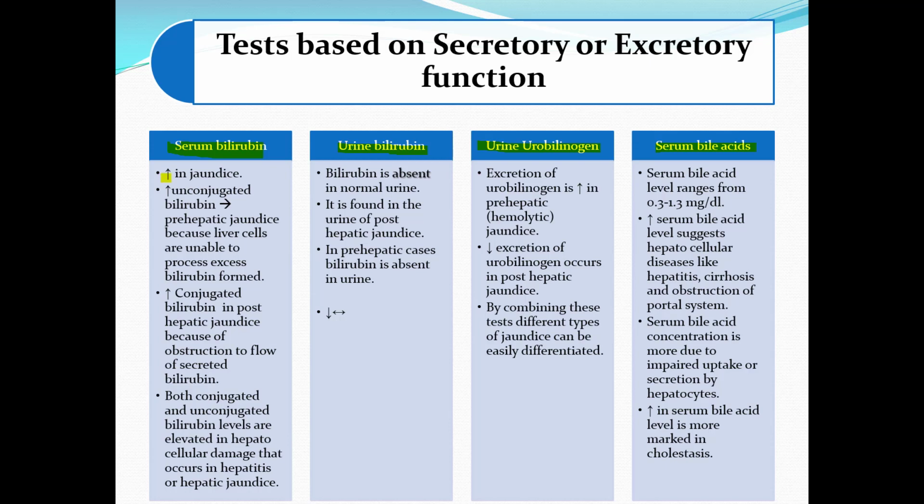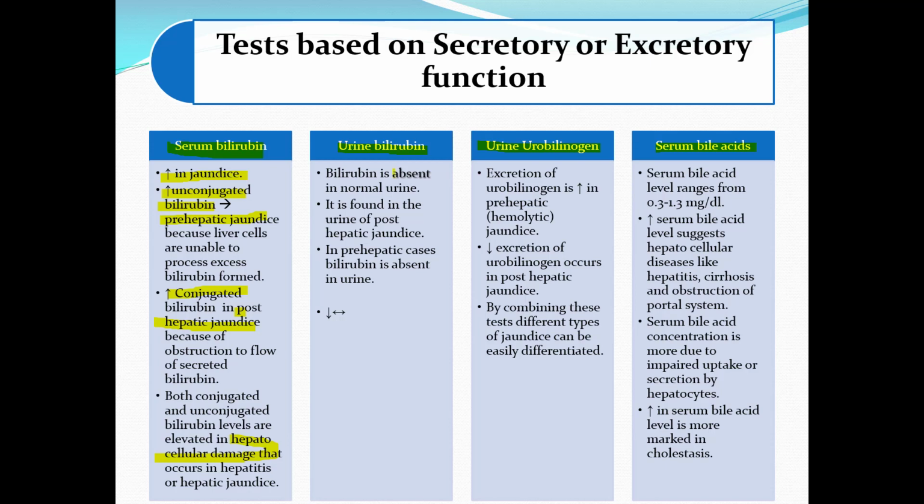Serum bilirubin is increased in jaundice. Increased unconjugated bilirubin is seen in prehepatic jaundice. Increased conjugated bilirubin is seen in posthepatic jaundice. Both conjugated and unconjugated levels are elevated in hepatocellular damage. So you can identify prehepatic, hepatic and posthepatic jaundice using the conjugated and unconjugated bilirubin fractions.